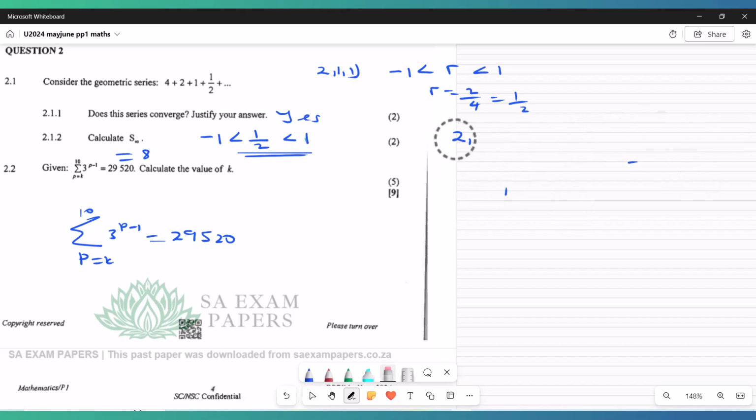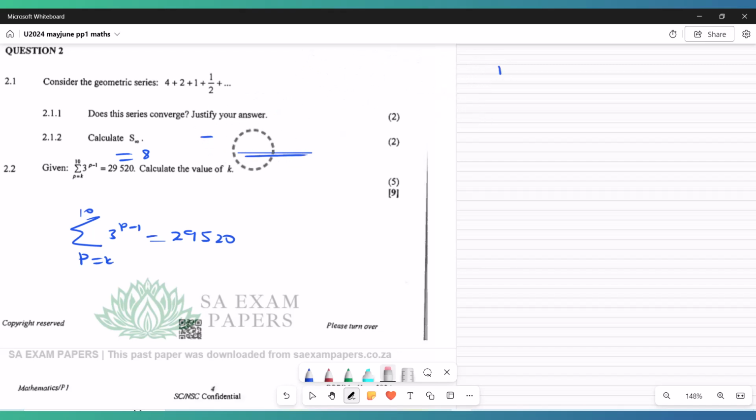So in this case, I'm going to say tk plus tk plus 1 plus tk plus 2 and so on until the last term here, which is t10. Then I'm going to solve.